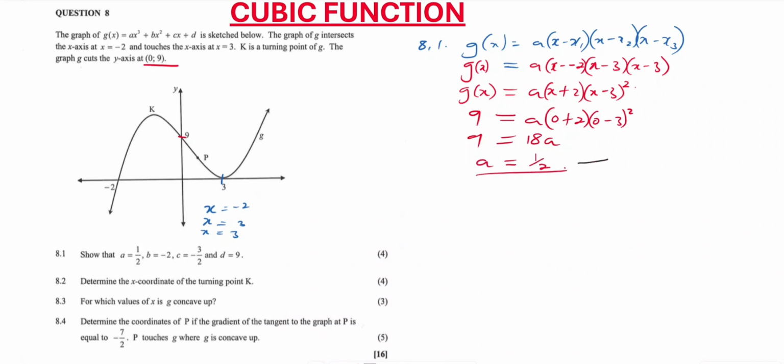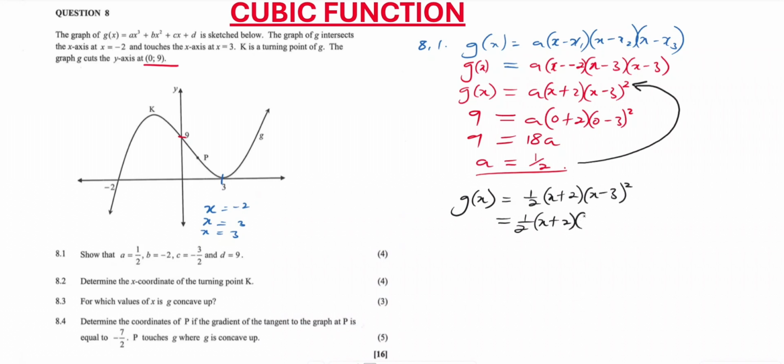After we get our half, we come back to this stage and substitute the value of a. So g(x) = 1/2 (x + 2)(x - 3) squared. Then that is going to be 1/2 (x + 2) times the expansion of (x - 3) squared.